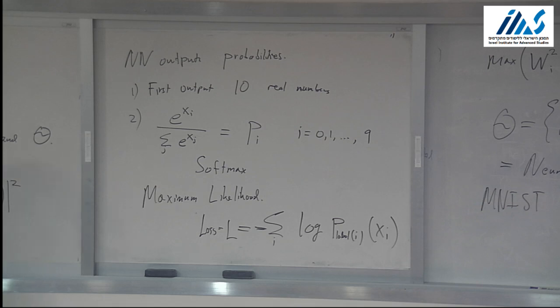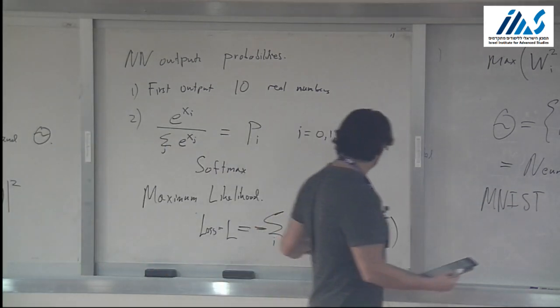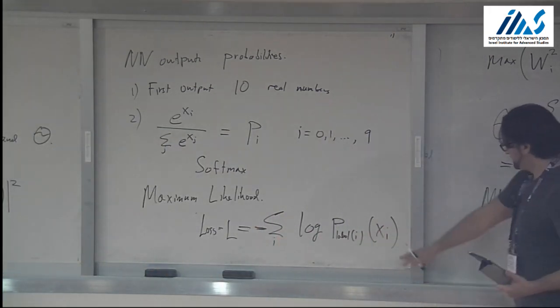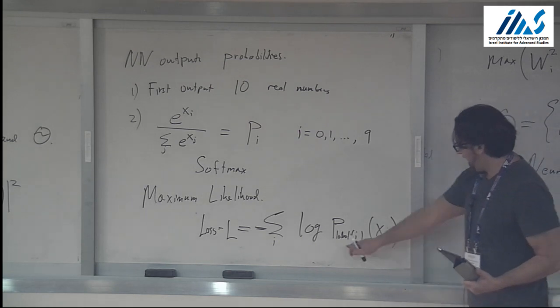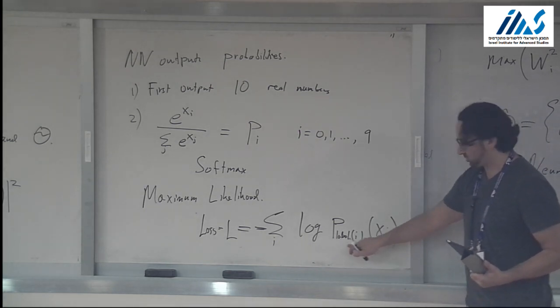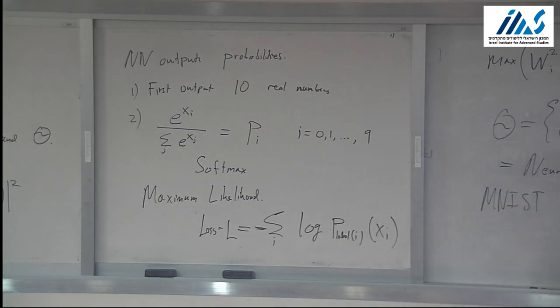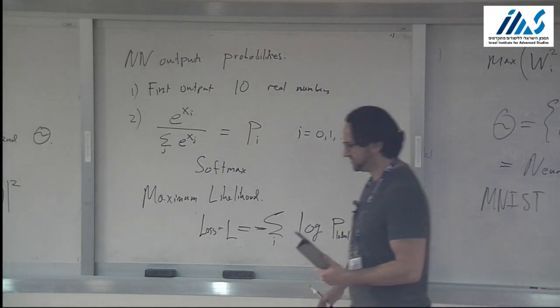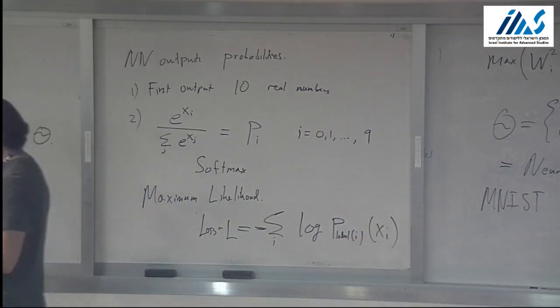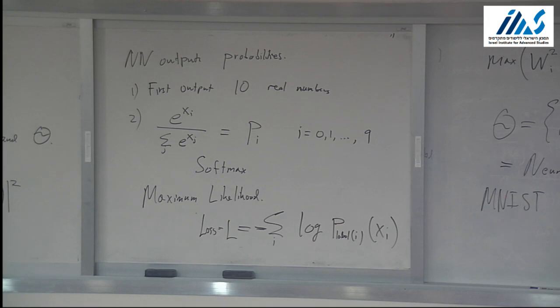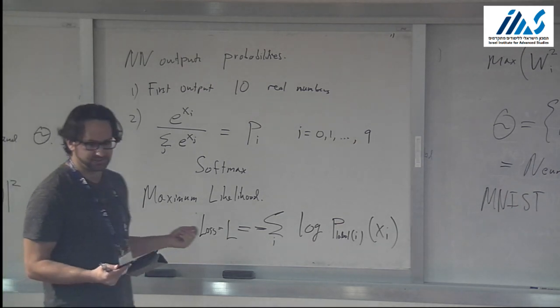So in other words, you try to minimize minus the sum of the logs of the probabilities, where we take, say, an image xi, and we take the probability that it is, in fact, the correct label i. So this is the thing that's almost always used. It's used in image classification. It's also used in writing.